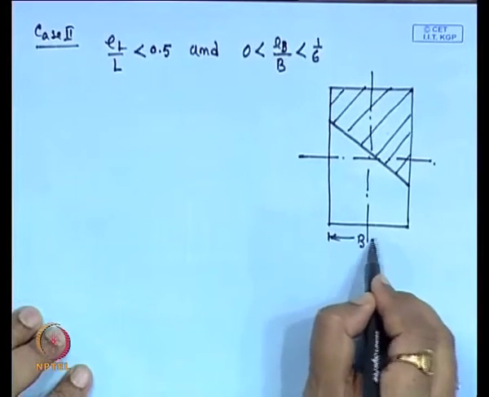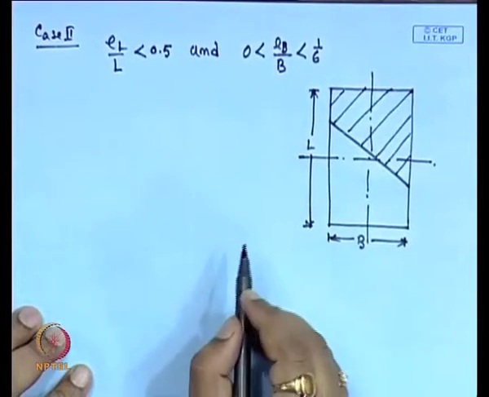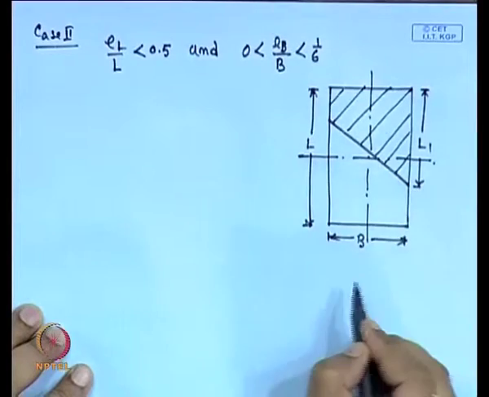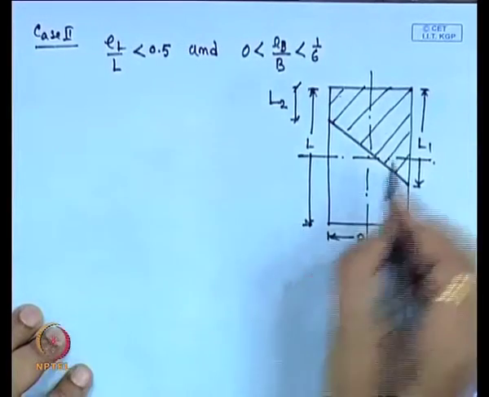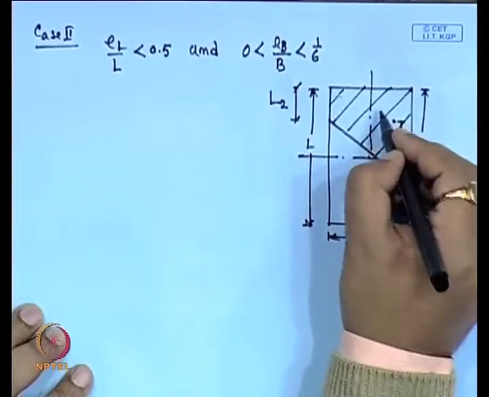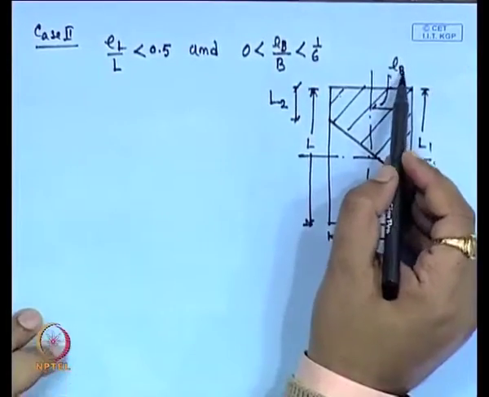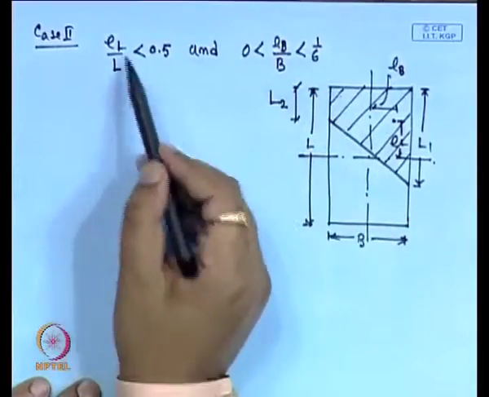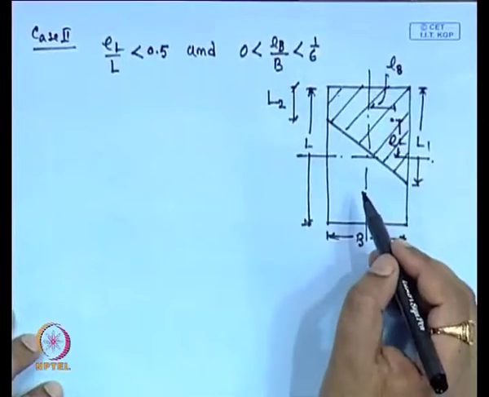Suppose this is B, the width of the foundation, L is the length of the foundation, and here this one is L1, and this distance is equal to L2, and this is the eccentric point, say this is E L and this is E B. The condition is E B is greater than or equal to 0 and less than 1 by 6 B, and E L is less than 0.5 L. Now, this is the effective area under this second case.